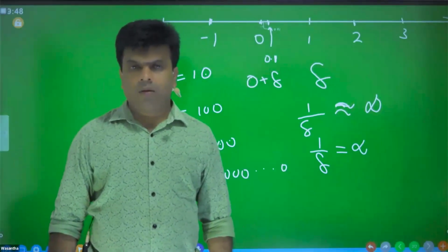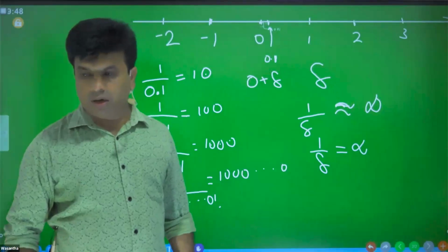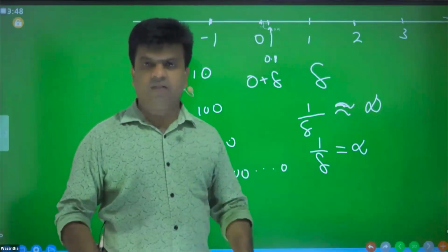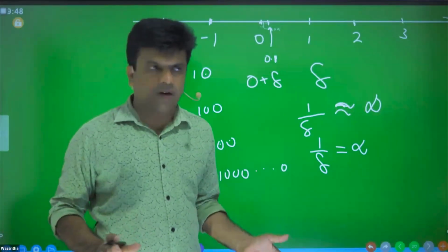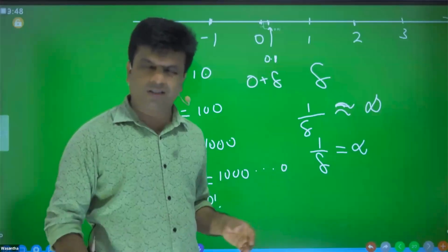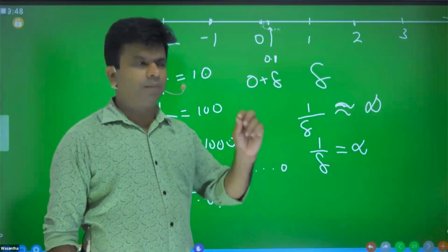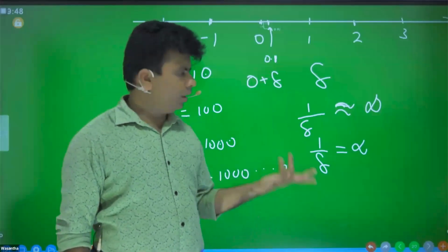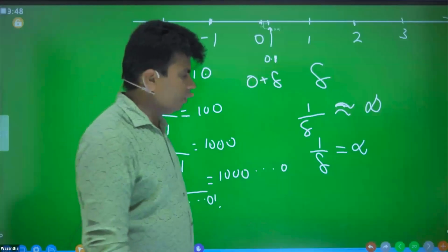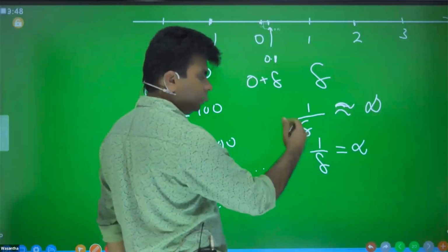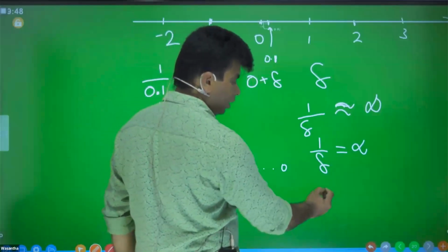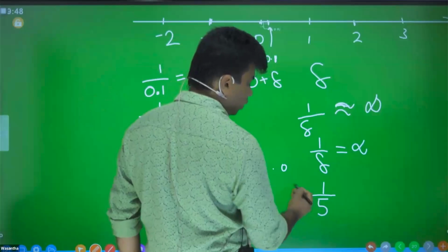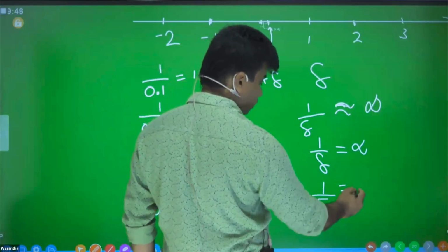But do you know that one particular student, when we explain this part, it's just a story. One particular student didn't look at the explanation. So there was a question, there was an explanation, 1 over delta is infinity. Then he was asked, what is 1 over 5?